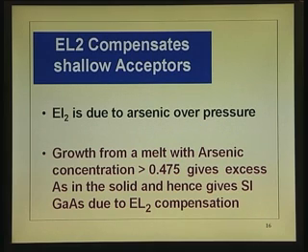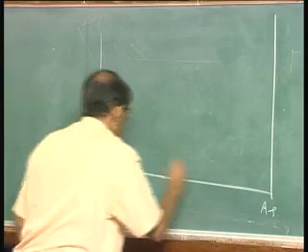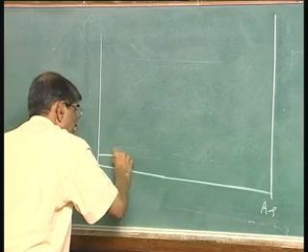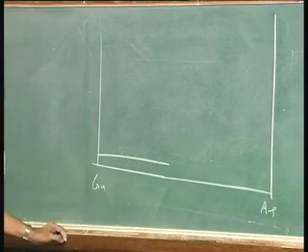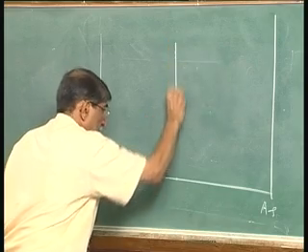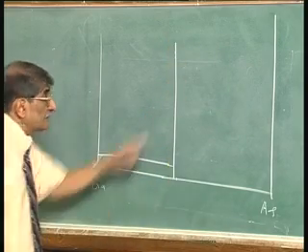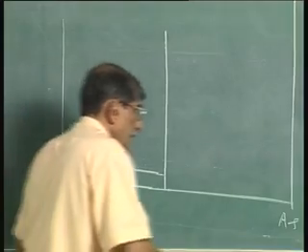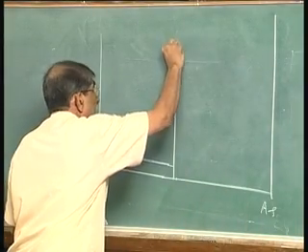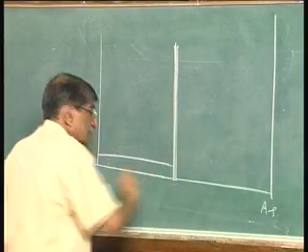So, you remember, gallium arsenic, and what we drew yesterday was the phase diagram, and then here 0.5, which actually is the solid line, which actually represents a region like that.